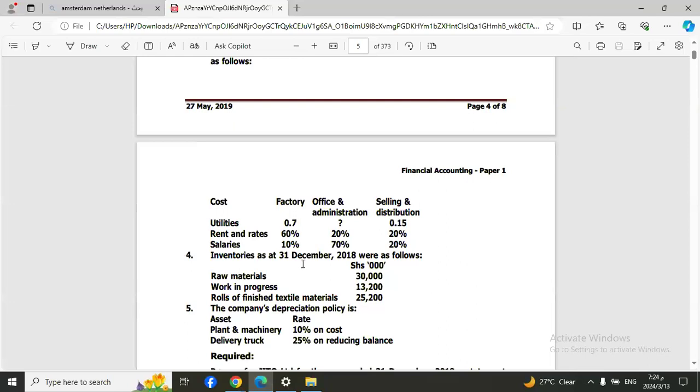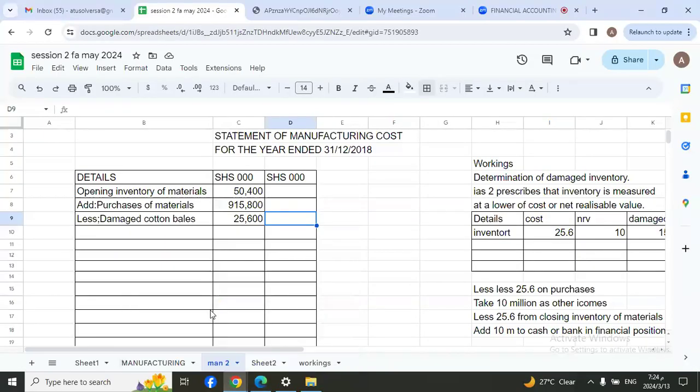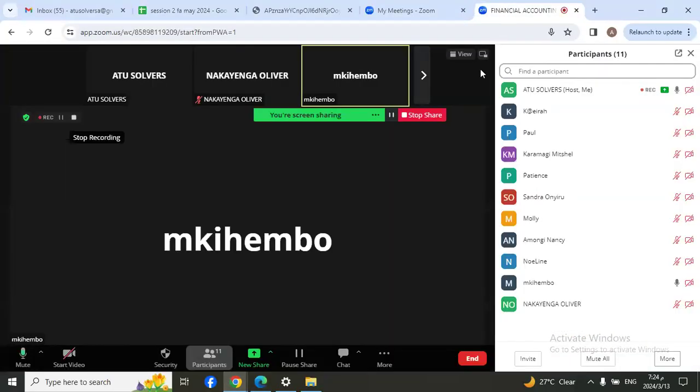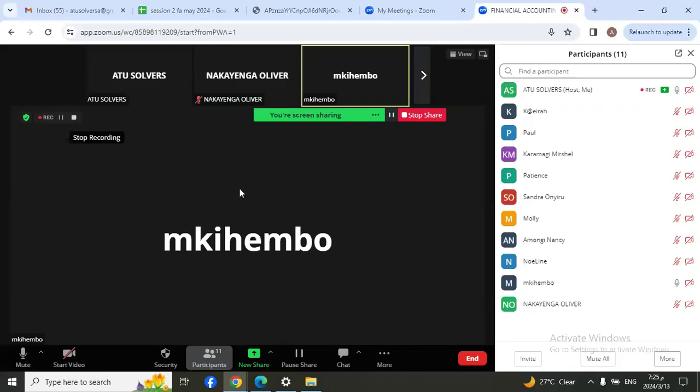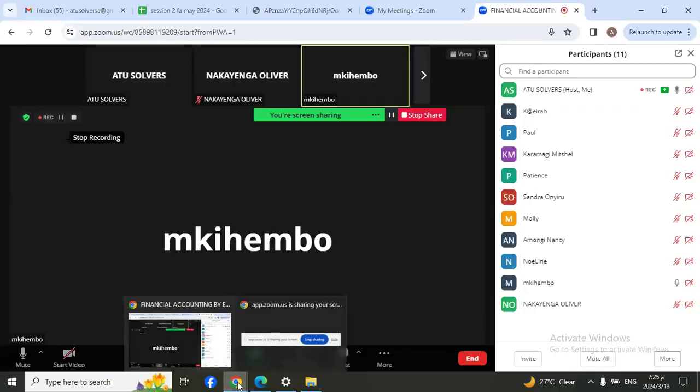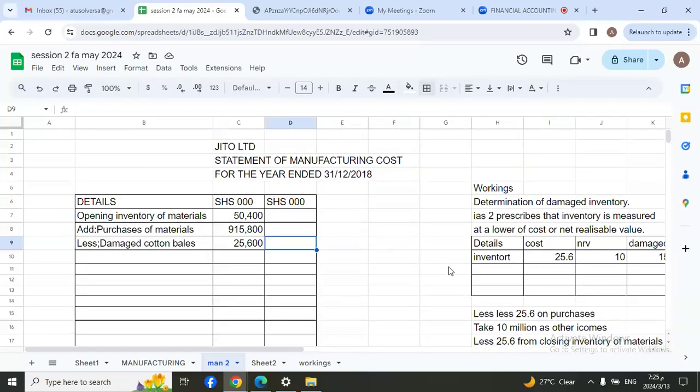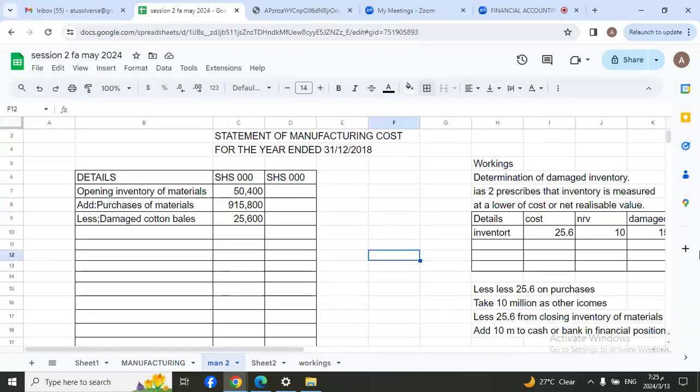When I come to my note 4, it is giving me... Excuse me, sir. Yes. Mr. Edig, it's like you have computed and the damaged stock has come up as 15.6. So why are we taking 25.6 now? Let me explain this. We are saying that the purchases, maybe what I've not considered to write here.